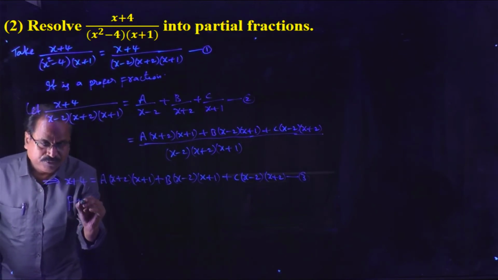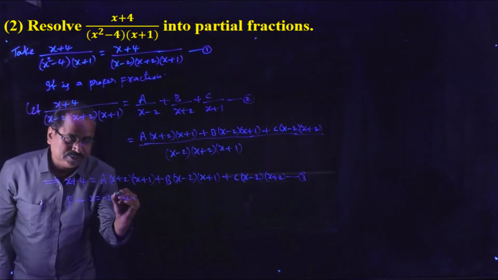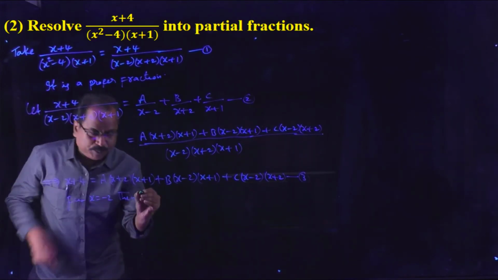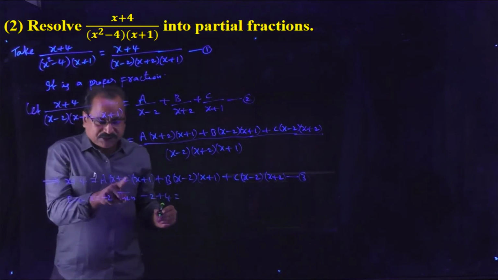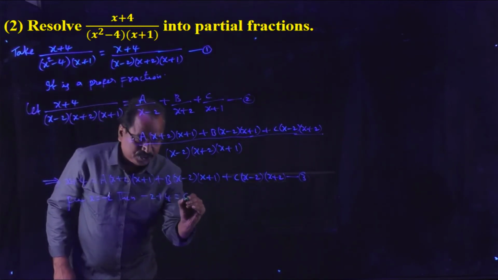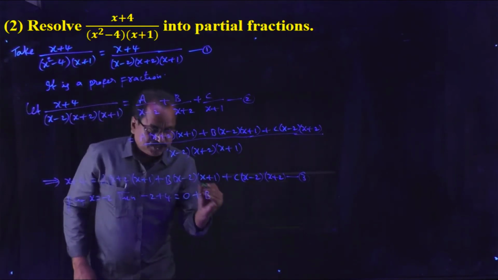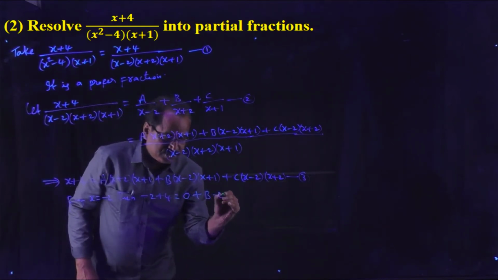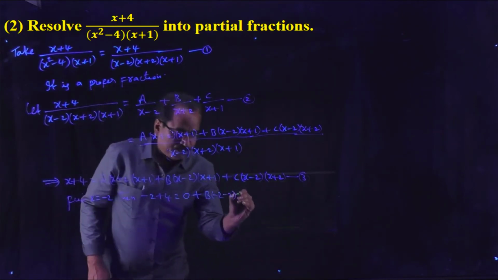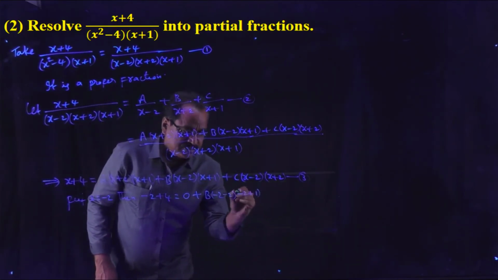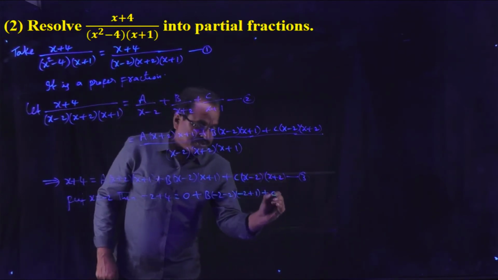Now put x is equal to minus 2. Then minus 2 plus 4 is equal to, here minus 2 plus 2 is 0, 0 plus b into (minus 2 minus 2) into (minus 2 plus 1), plus c into (minus 2 plus 2), that is equal to 0.